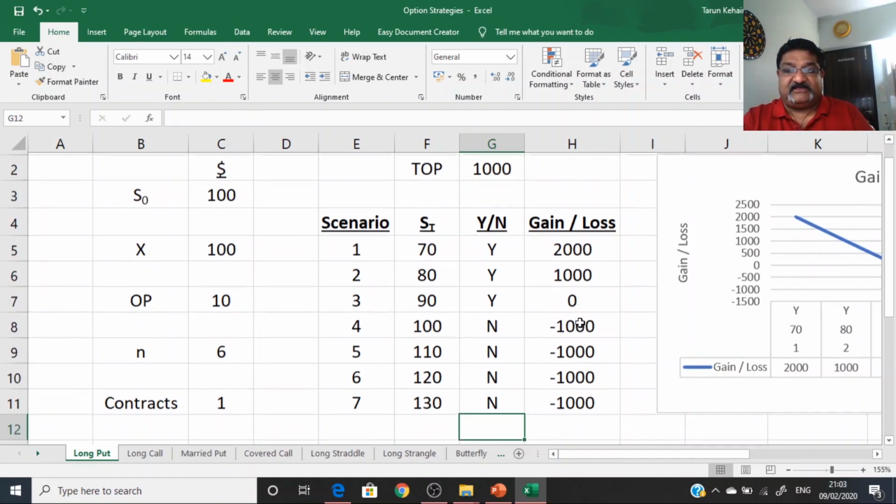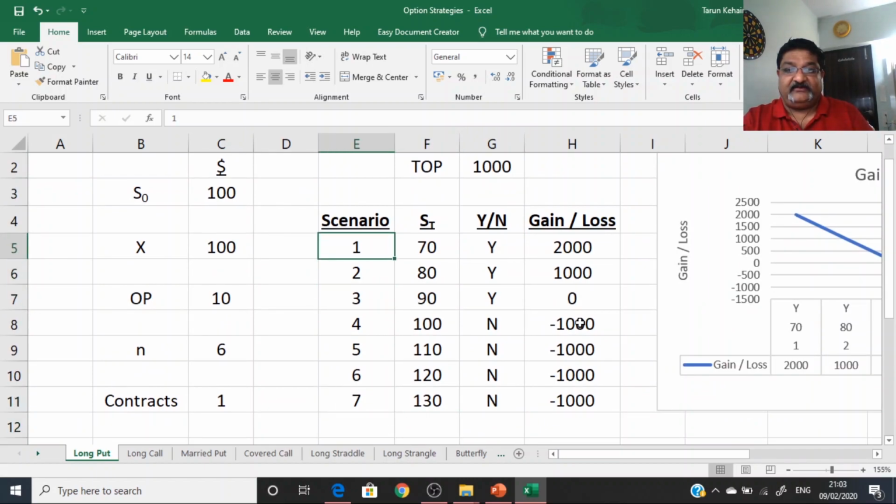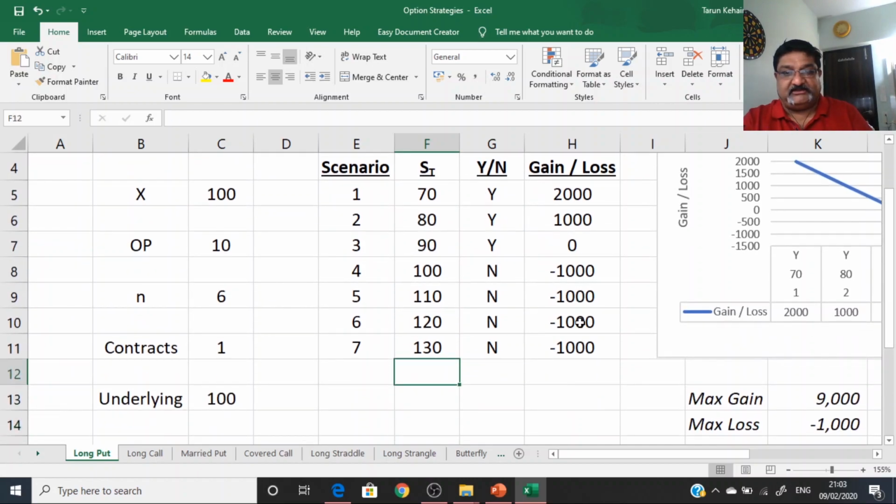Now I have taken 7 scenarios, scenario number 1 to scenario number 7. ST is the stock price of the underlying security at time period T, which is nothing but your maturity or expiration. I've taken prices ranging from 70 and going up to 130.